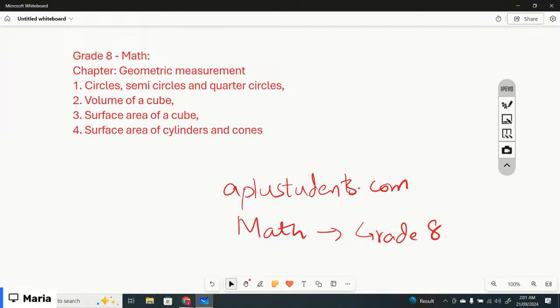We are going to start with the chapter geometric measurement, and the lessons we are going to cover today are circles, semicircles, and quarter circles, volume of a cube, surface area of a cube, and surface area of cylinders and cones.